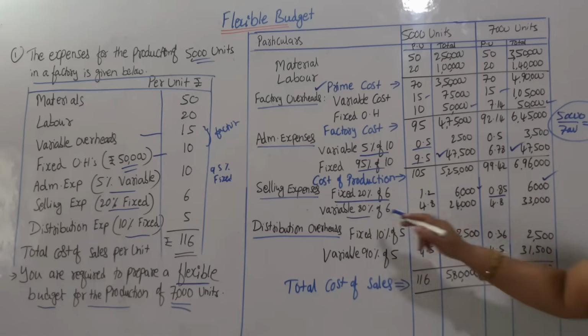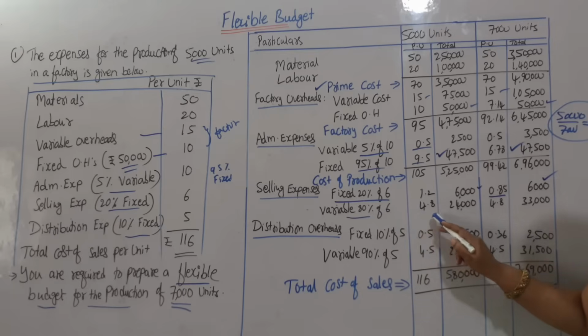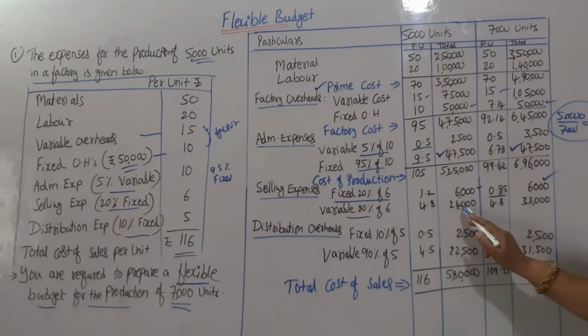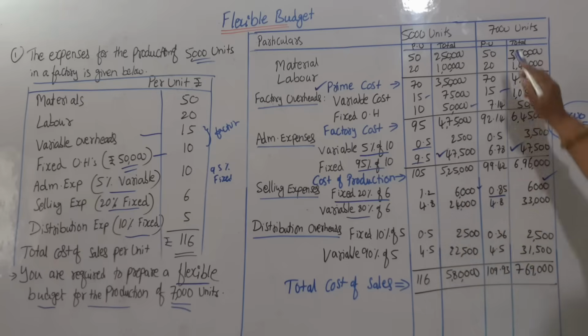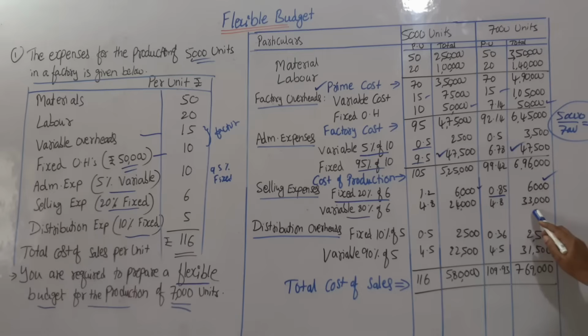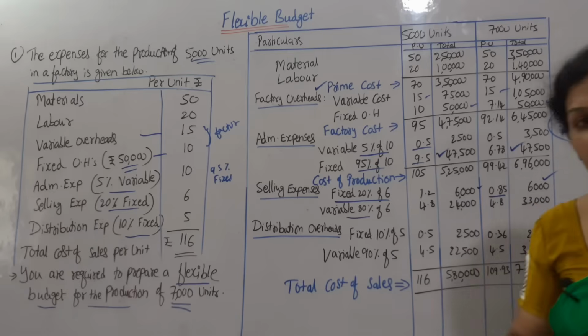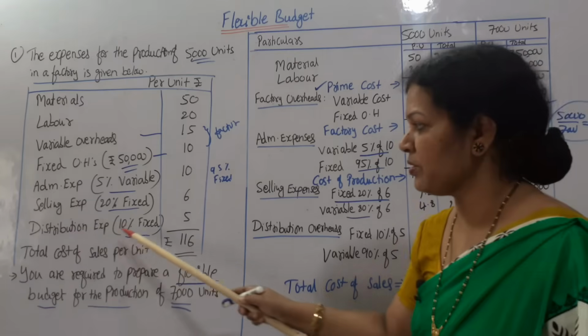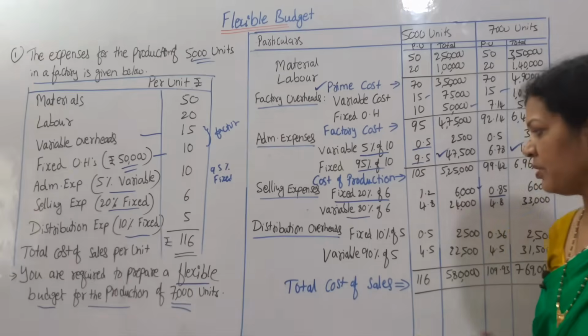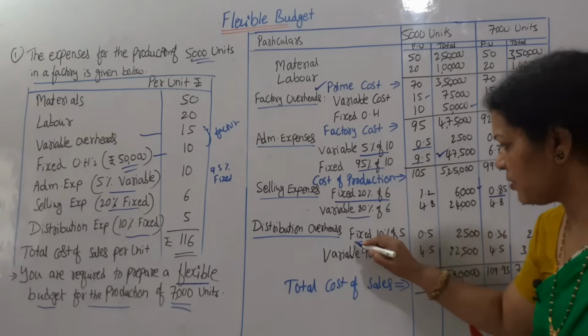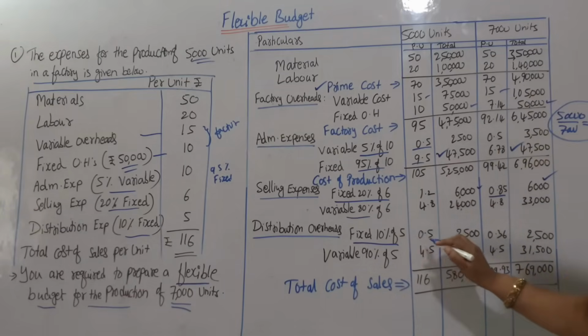So variable we got 4.8. 4.8 into 5,000, 2,40,000. Variable, so the same 4.8 we will write. 4.8 into 7,000, 33,000. In the same way distribution expenses, 10% fixed. 10% of this 5 is 0.5.